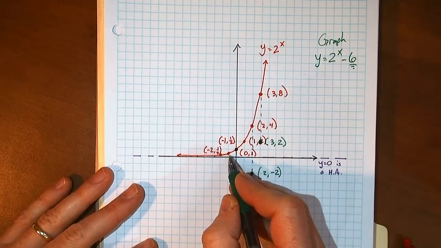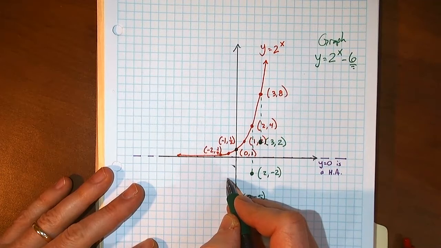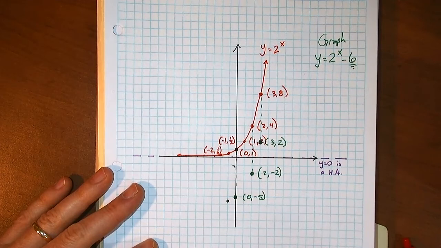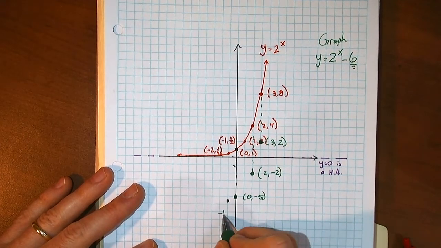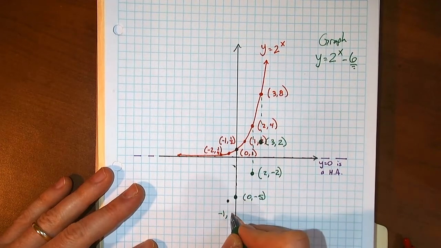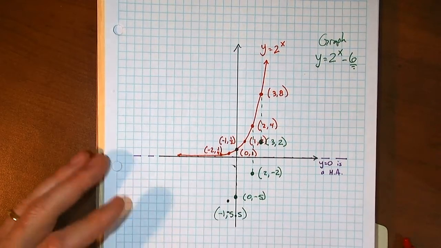It was up a half, now it's down a half, 2 halves, 3 halves, 4 halves, 5 halves. There's my 6 units going down. So it's gone down to -1, -5.5, something like that.